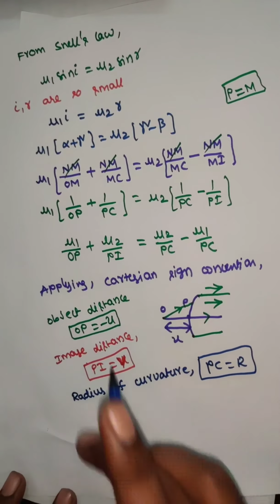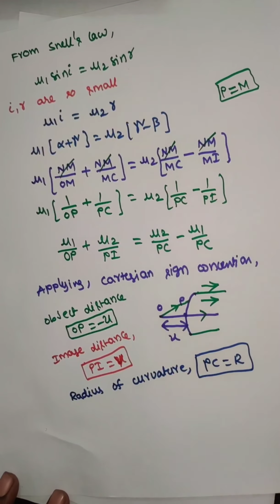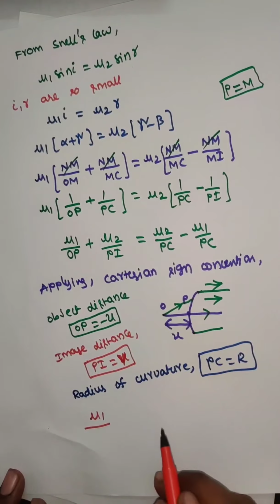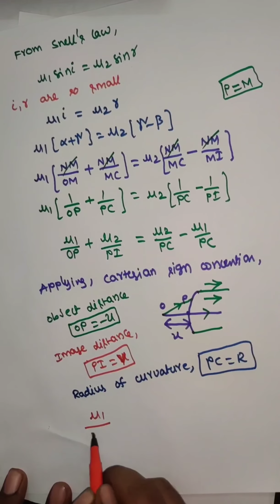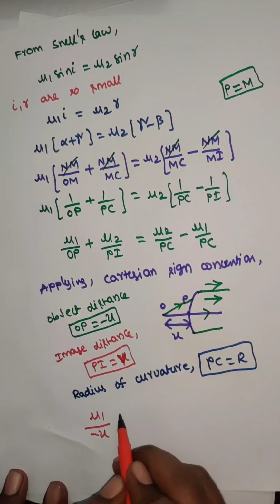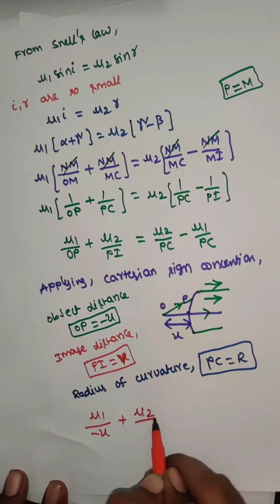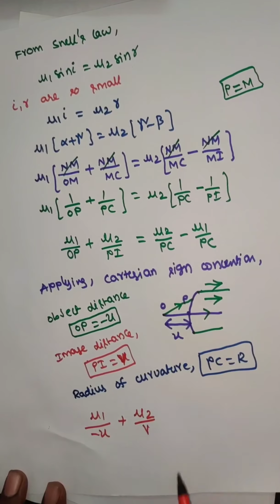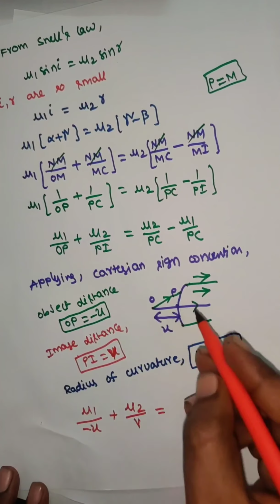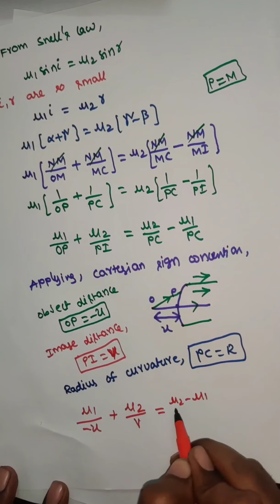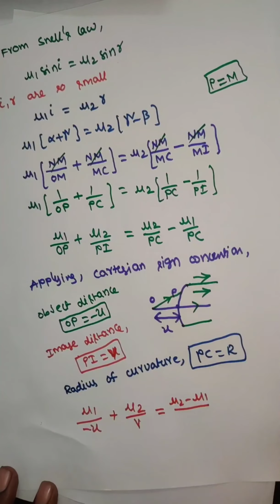If we substitute in the equation, mu1 divided by OP is minus u, so minus u plus mu2 divided by the PI value, which is V, is equal to mu2 minus mu1 divided by the PC value.